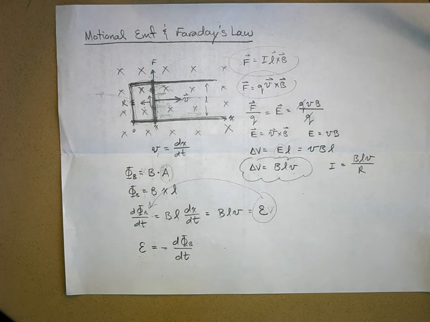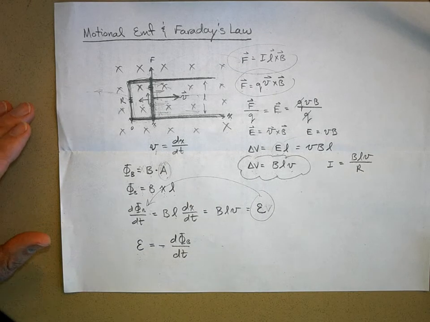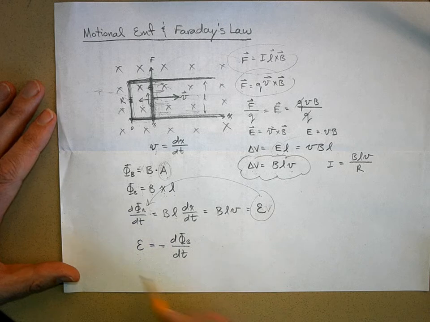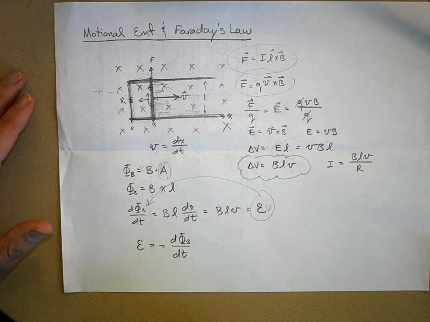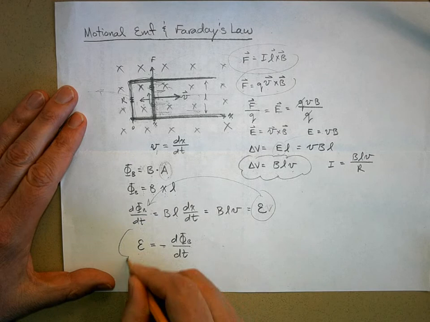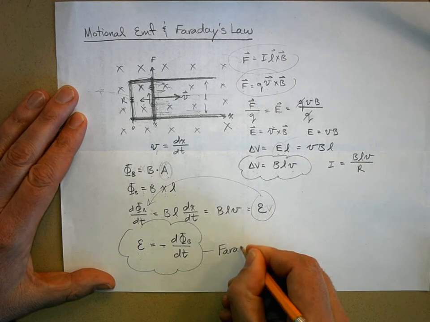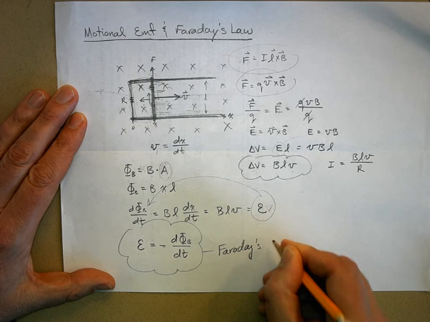Now it takes work to do that. You have to put energy in to make it do that, but this is the theoretical basis of electric generators. And this right here is called Faraday's law.